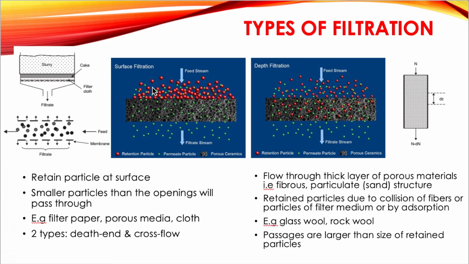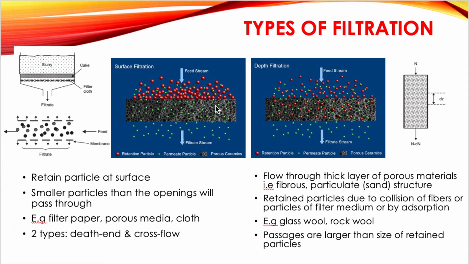So what are the differences? If you can see, the red spheres are the retention particles, the green smaller spheres are the permeate particles, and the center bit here is the porous ceramic, or we can say the filtration media.